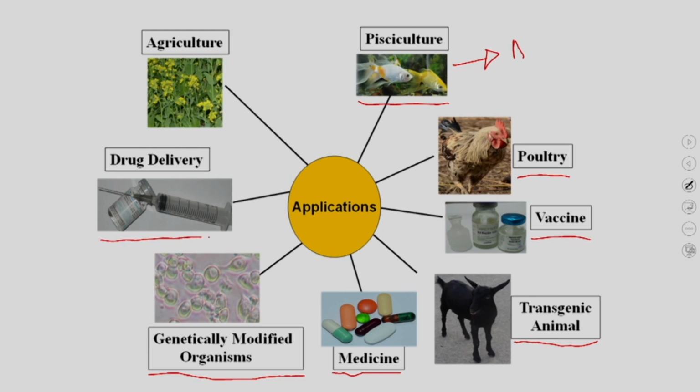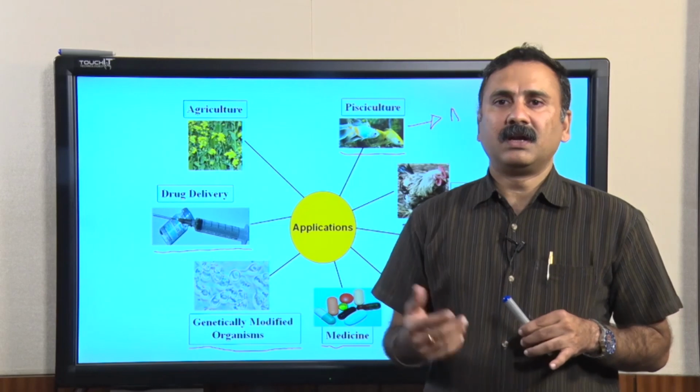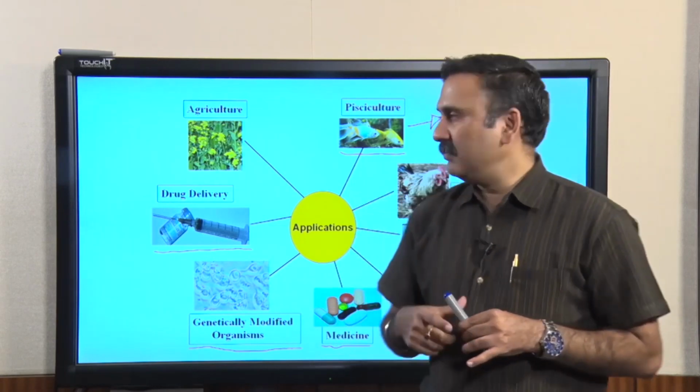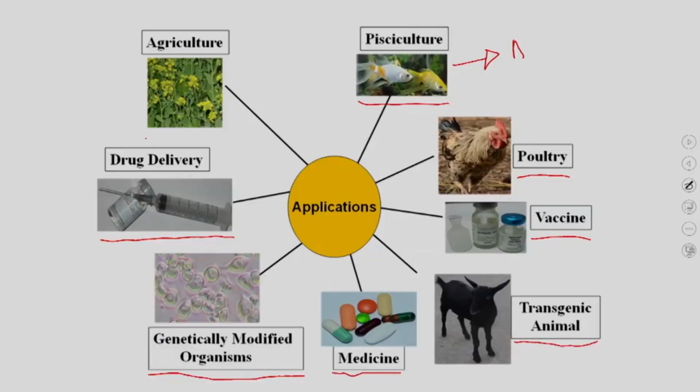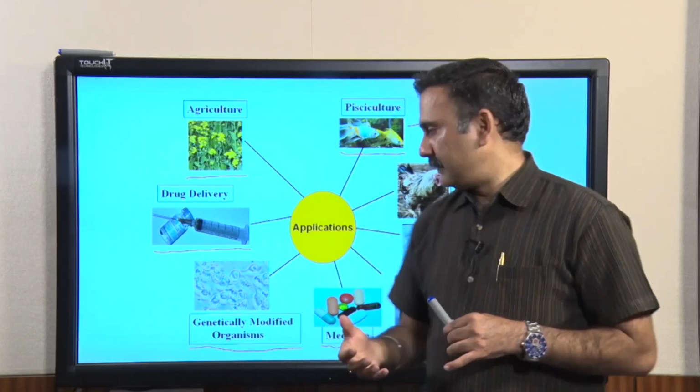Lately they also have applications in the field of drug delivery, because it is not only important that you have a drug, it is also important that you deliver the drug to a particular site of action, so that it works more optimally. And then at the end, biotechnology also has an application in the field of agriculture, so that you can increase the productivity from the crops.